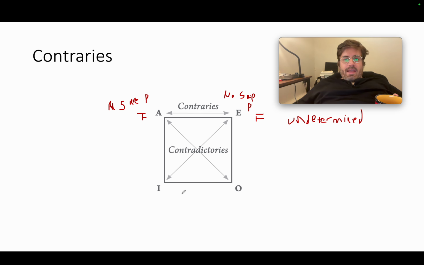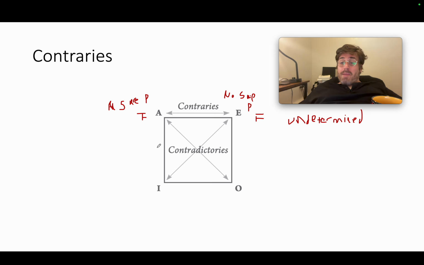Now, I also want to indicate to you that we're going to be looking at the I and O. These are known as subcontraries, okay? And they take a kind of similar form with opposed values. But so far, I just want to recap where we're at. We have our four types of categories: A, E, I, and O, universal affirmative, universal negative, particular affirmative, and particular negative.